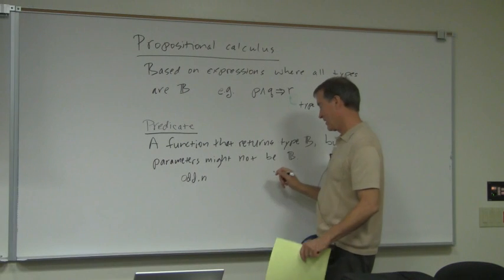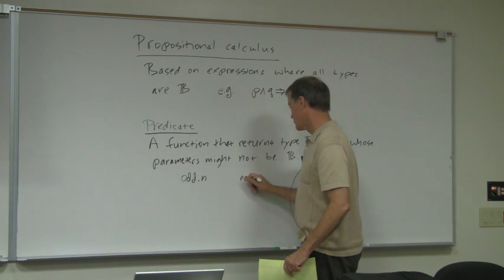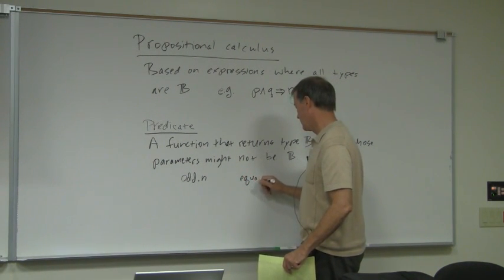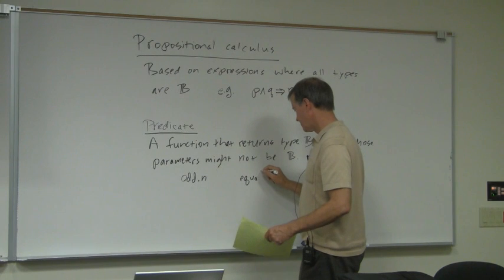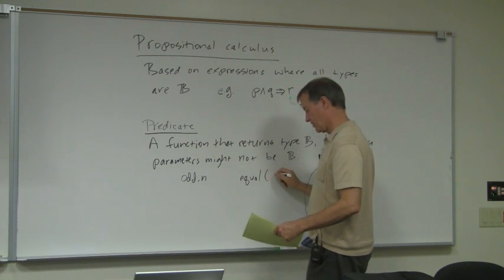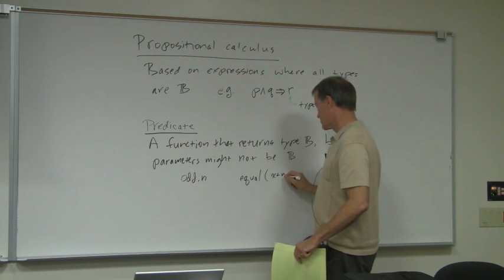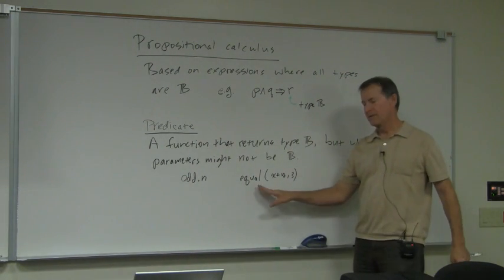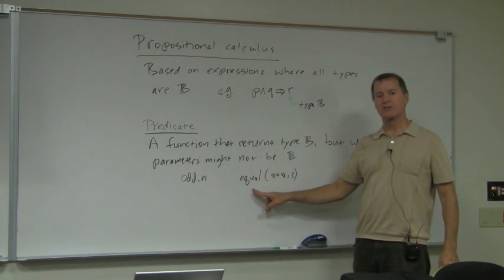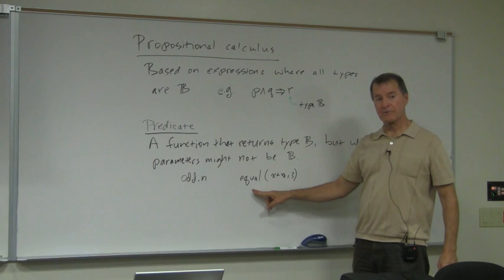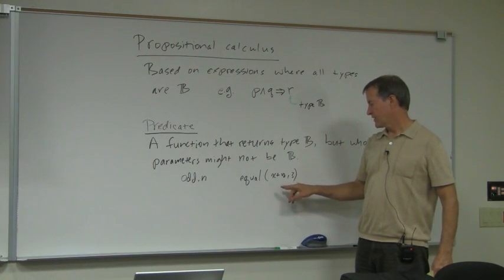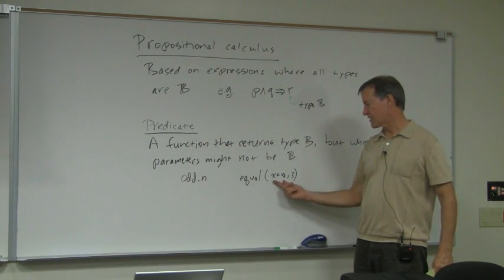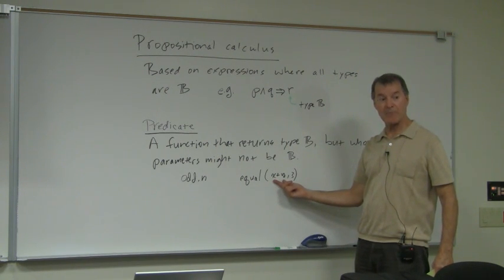Here's another one: equals. Suppose we say equal of x plus y comma 3. So the equals function is Boolean. 3 is an integer, and the expression x plus y has type integer.